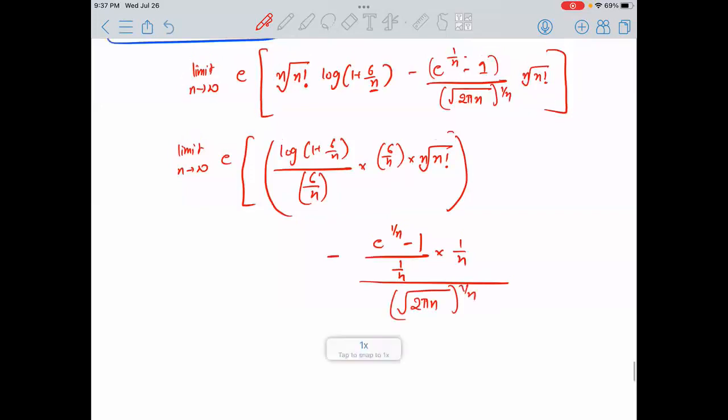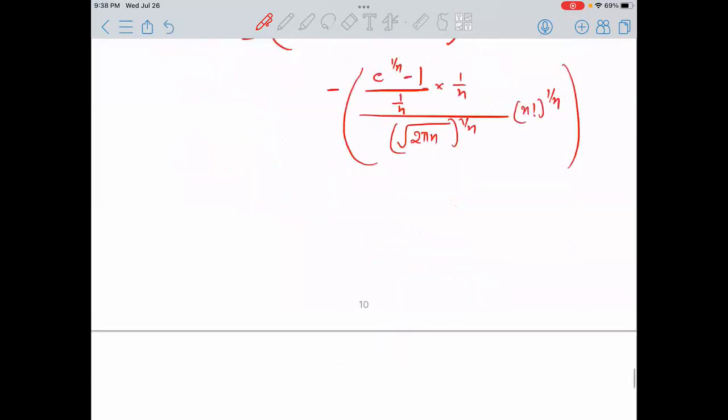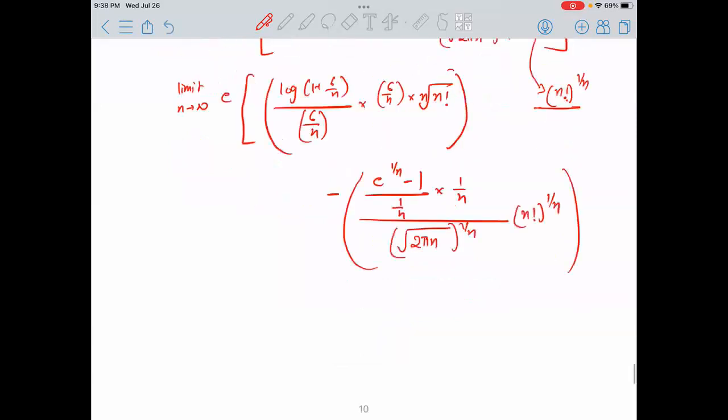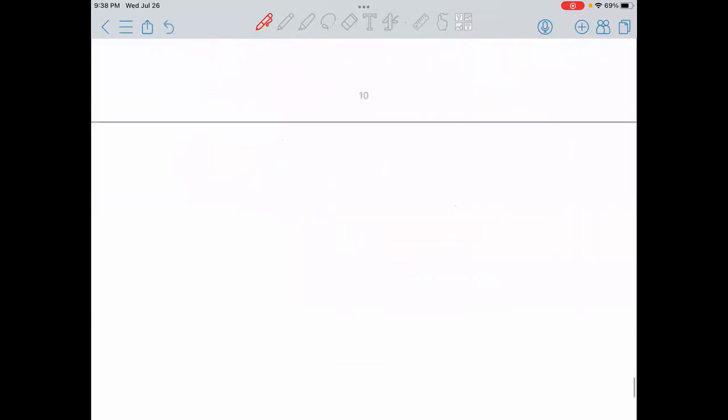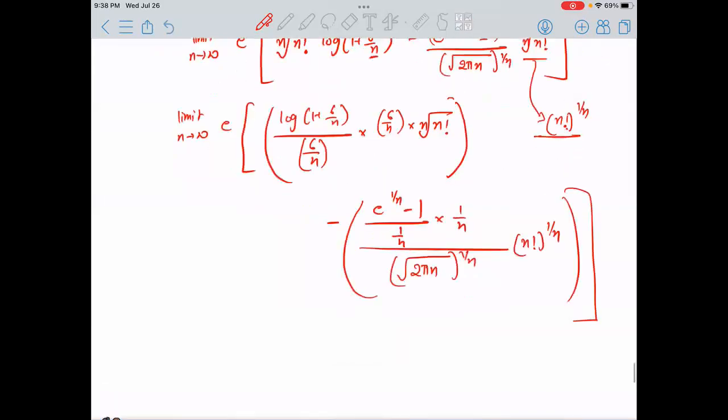This can be written as n factorial whole power 1 by n. Agree? So, coming to the next step. Look, I want to copy this.